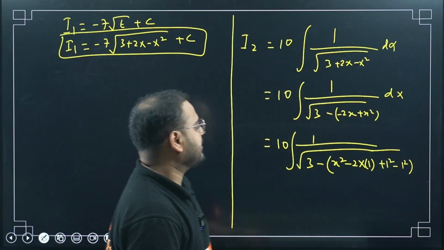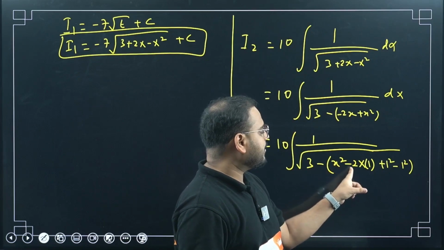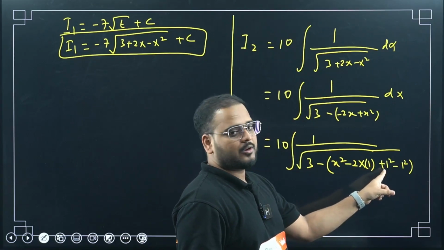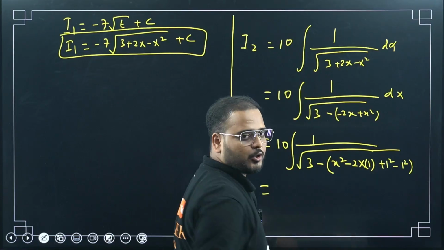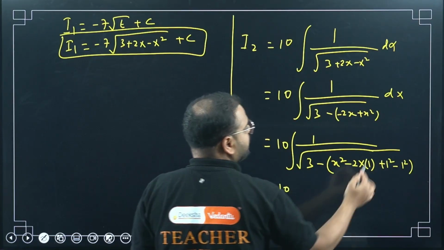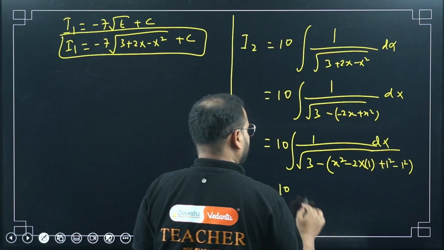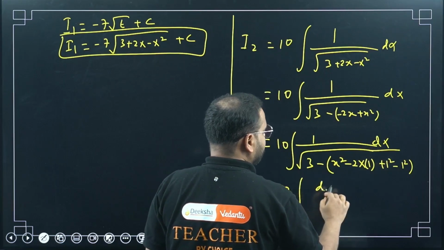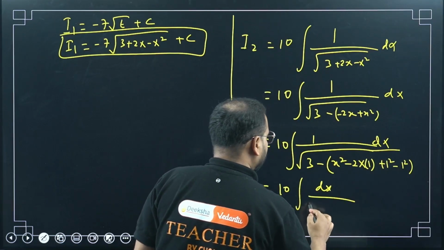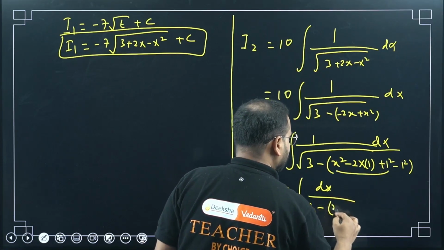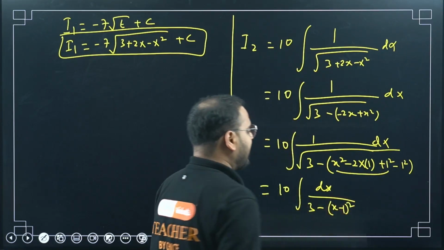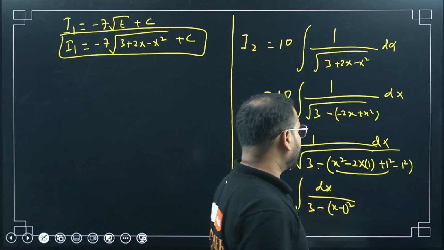Correct, right? Please check. x square minus 2ab, b is 1. So 1 square I have added, and subtracted the same thing. Whatever I am adding, I have to subtract also. This is dx. 10 times of dx upon, I club this together, I get x minus 1 the whole square, and this minus will become plus.